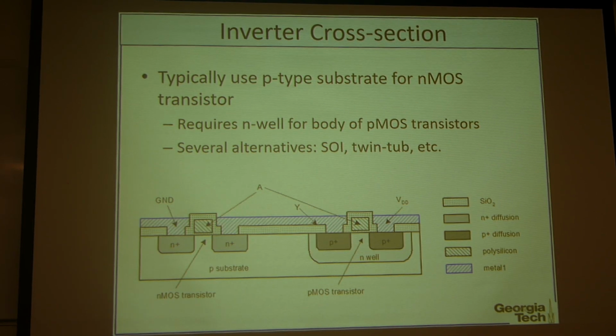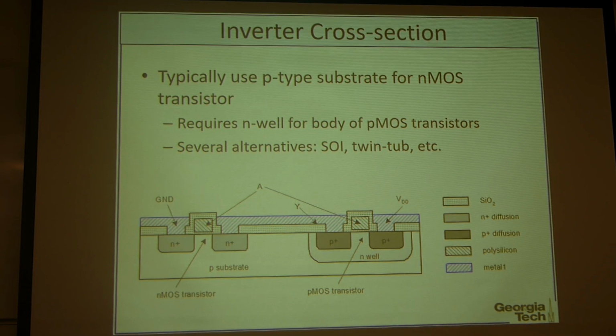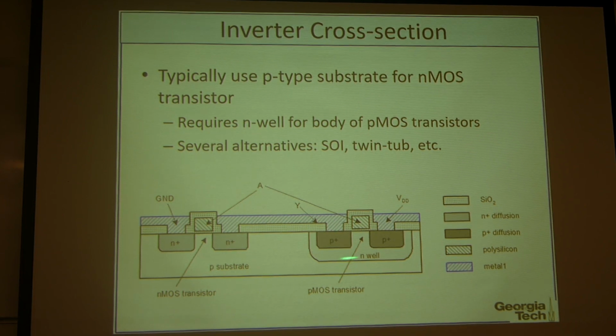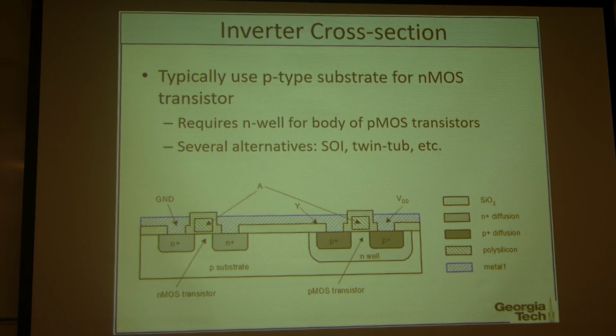So this is a finalized inverter structure. Typically we use a P-type substrate silicon wafer for the N-type MOSFET. But this is a CMOS inverter, so we have a complementary PMOS next to the NMOS, which needs an N-well to control the channel.